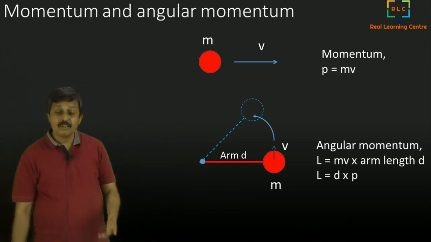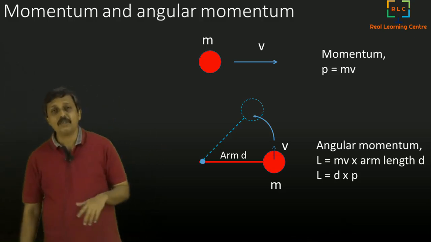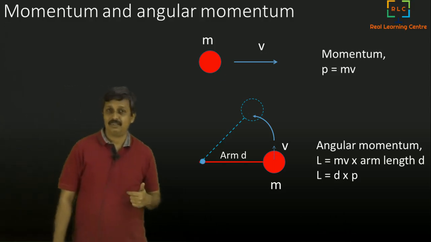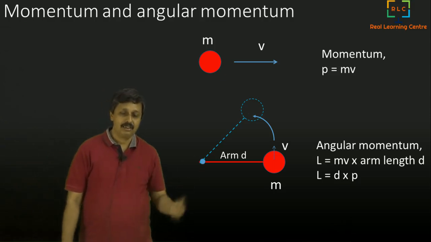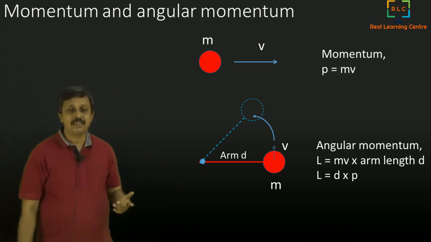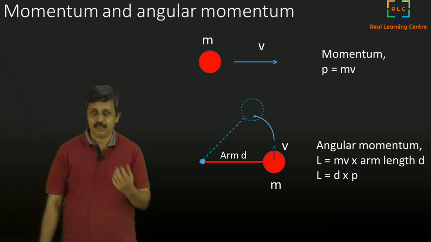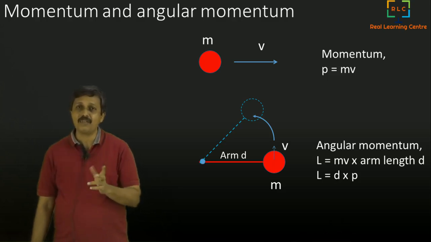So what does it mean? Earlier, remember, we multiplied the force with the arm length and got torque, which is called the moment of force. Multiplying with the arm length is the process where we use the words moment of. When we use the words moment of, it means you are multiplying with the arm length.